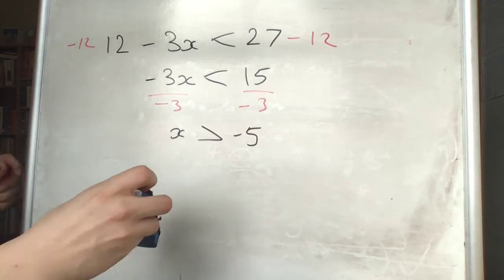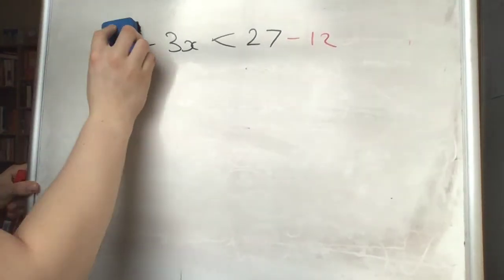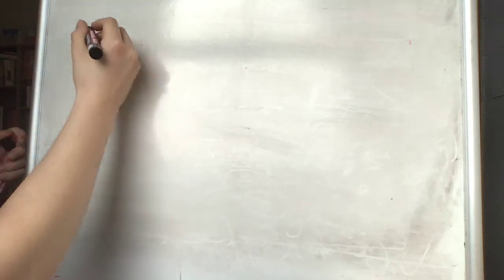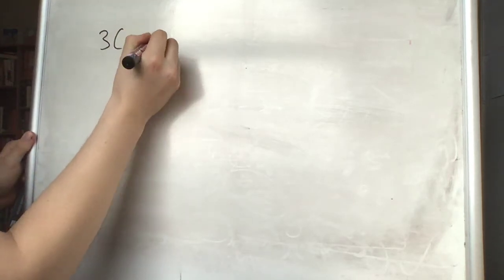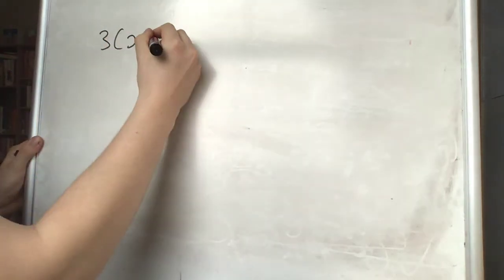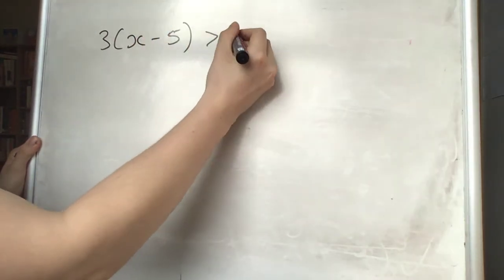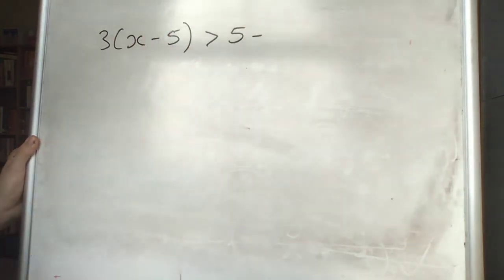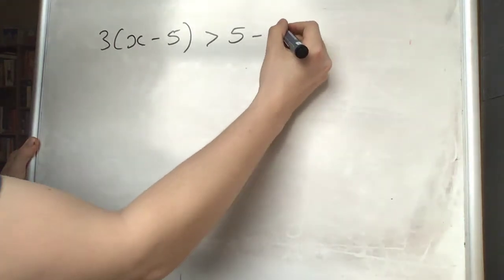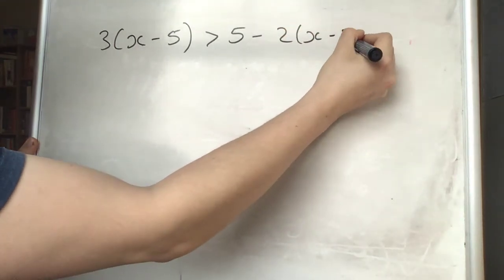As a final example for these more simple linear inequalities, let's look at the following. We have 3 open bracket x minus 5, and we're going to say that is greater than 5 minus 2 open brackets x minus 8.